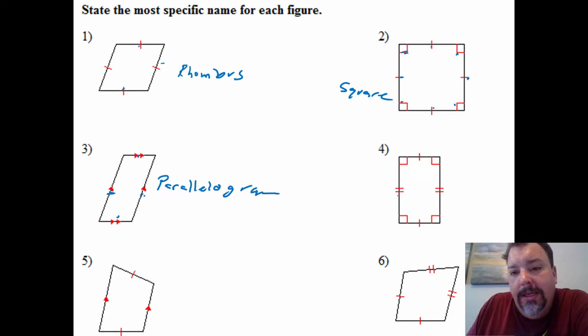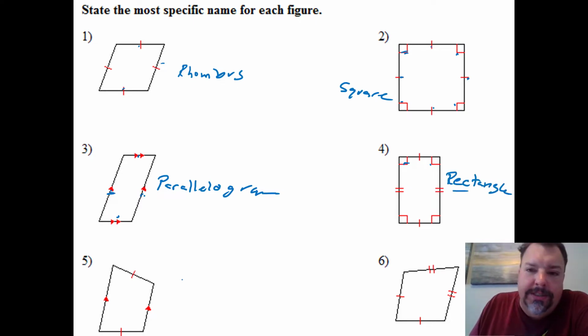For number 4, what shape does this look like? It's got 4 right angles. Rect here means right angle, basically. So that's our rectangle. For number 5, notice we have parallel lines, but it's only got 1 pair of parallel lines. So this is a trapezoid.